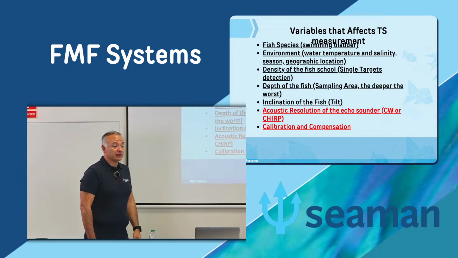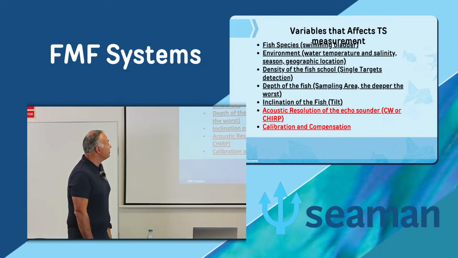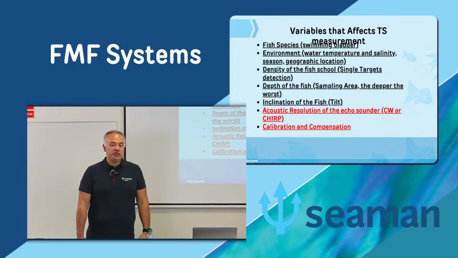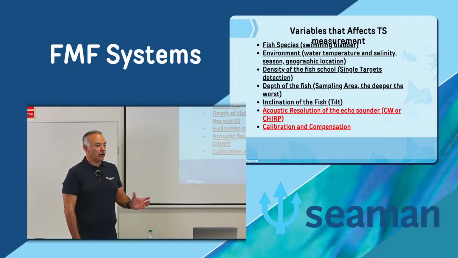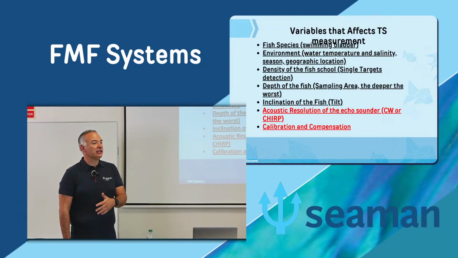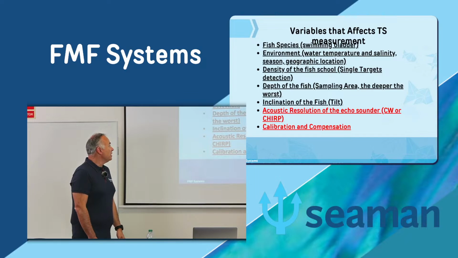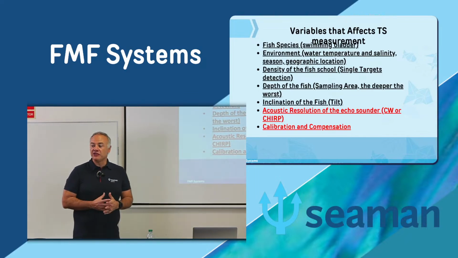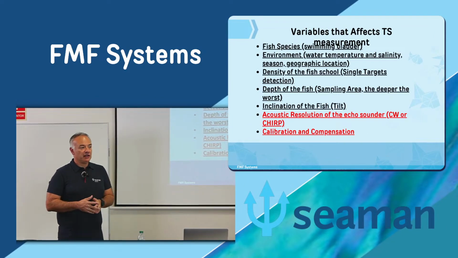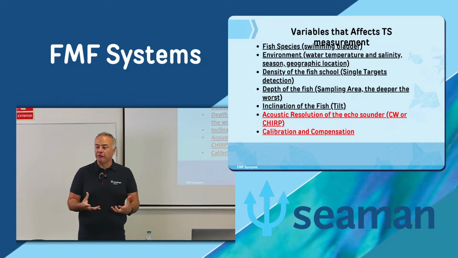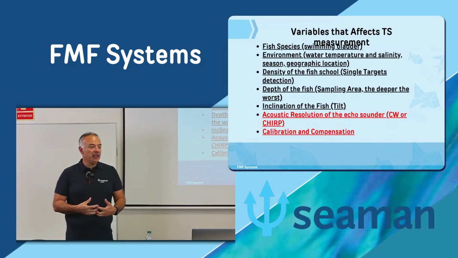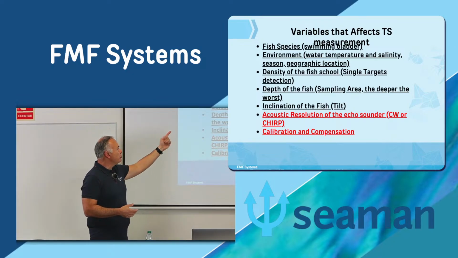There are many variables that will affect the TS measurement. The first one, and the most important, I think, is the fish species. Fish species definitely affect the TS measurement. That's why we have a constant that is different for each one to adjust it. There are different reasons, but the main one is what we measure from fish is actually 80–90% the swimming bladder.